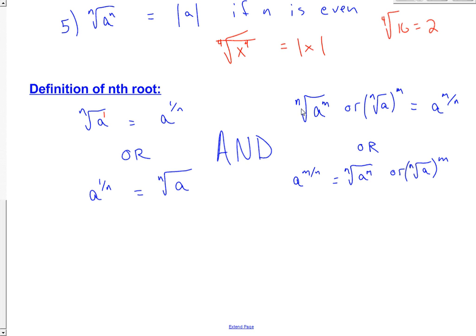Also, if I take the nth root of a to the m, whatever this exponent is, I have the n again going to the denominator. So here the m is an exponent inside the radical. If I have m outside of this radical value, it's the same.